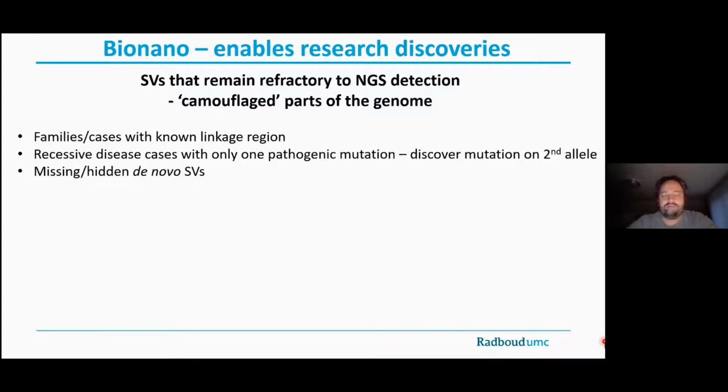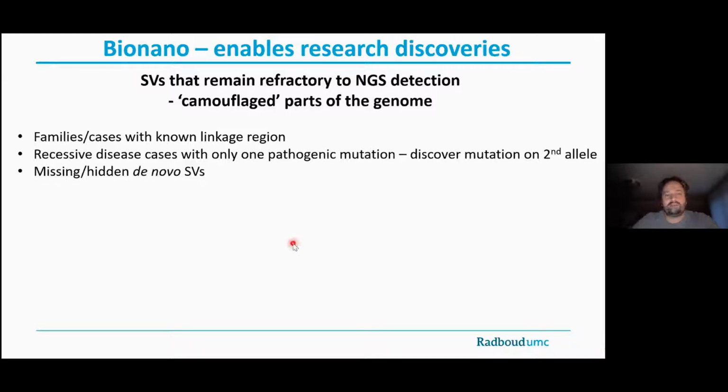BioNano may really enable us to find novel research findings. And those in particular should be structural variants that so far remained refractory to detection by previous technologies. Some people also refer to those as being in the camouflaged parts of the human genome. And what kind of rare disease cases are suited for this?